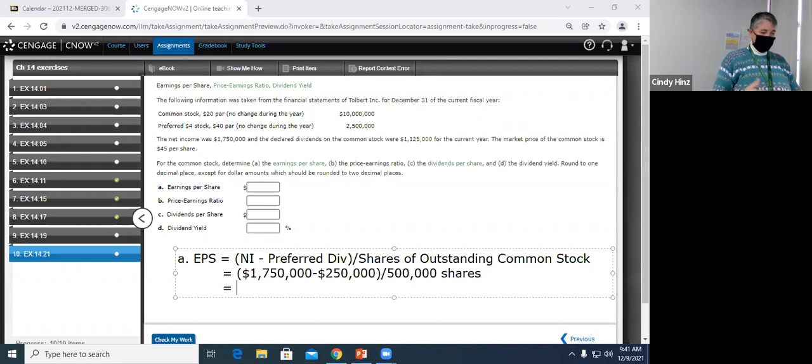So there was $1.5 million in earnings shared among 500,000 common shares, and that would be $3 per share.